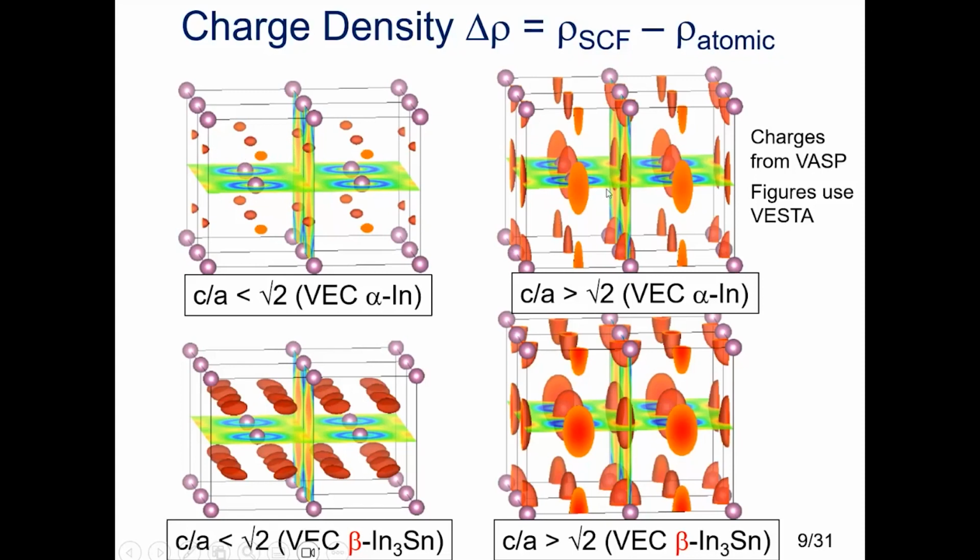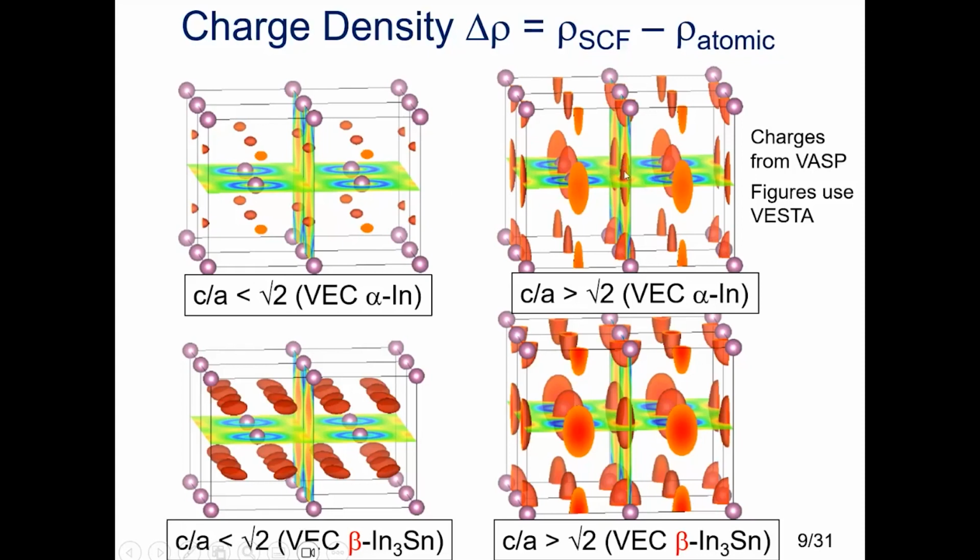which is a ratio greater than the square root of 2, then what you see is now the charge density is concentrated in the horizontal plane. The charge density sits in the region of space between one atom and the next atom. So let me remind you over here. Here is a body centering atom, the next body centering atom. Well, hidden back here is a body centering atom and the next body centering atom.